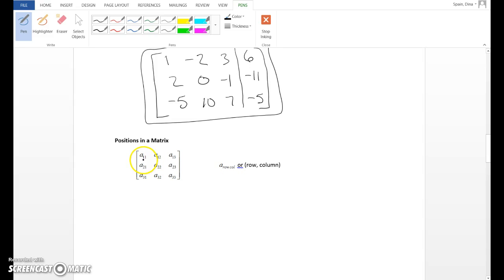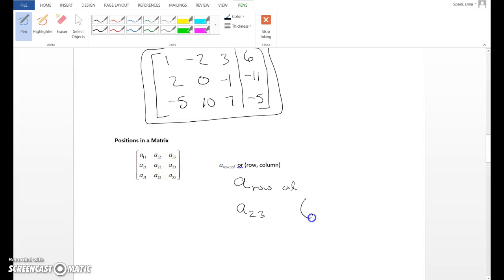The first number of that subscript is the row, the second number is the column, so it's A, sub row, and then the column number. It's written as a subscript like those, or you can do it sort of like an ordered pair. Let me write this a little bigger. A, first the row, and then the column. So for example, A23 would be the number that's in the second row, third column. Second row, third column. Right there is A23.